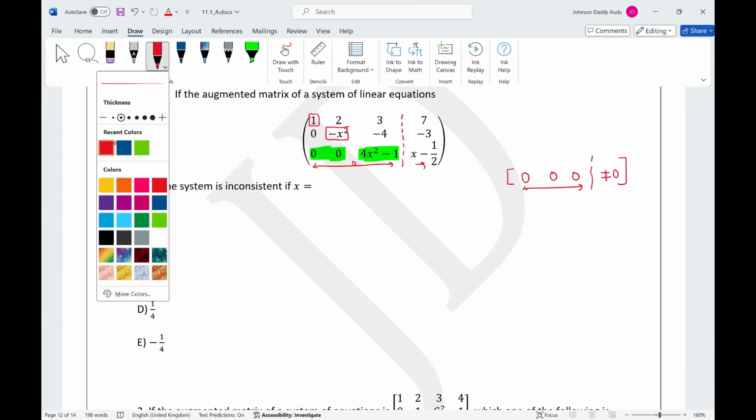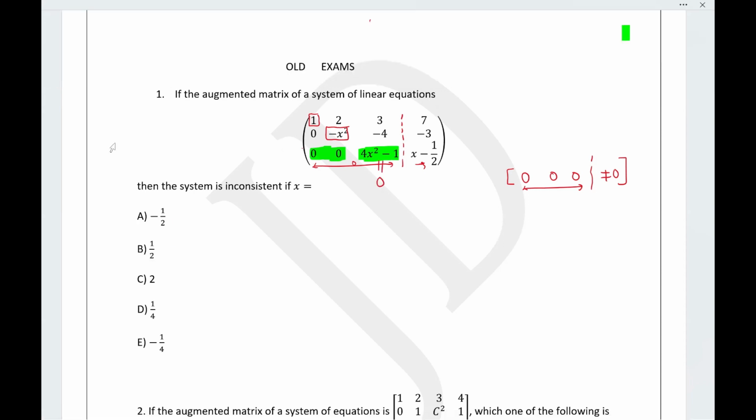So this is what we want now. This one here should go to 0, and this one here should not be 0. So let's see, it means we have 4x squared minus 1. This should go to 0, and x minus half should not go to 0.